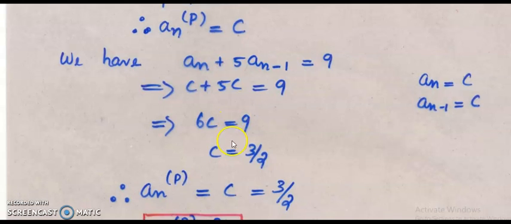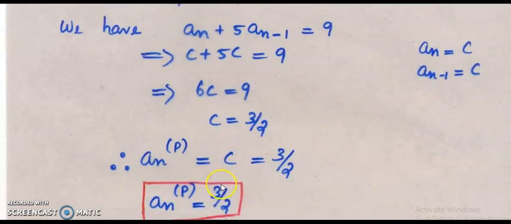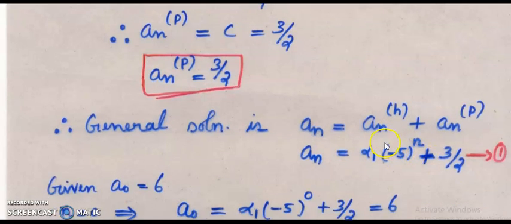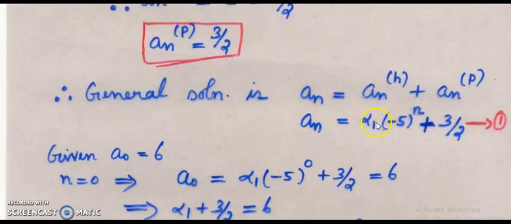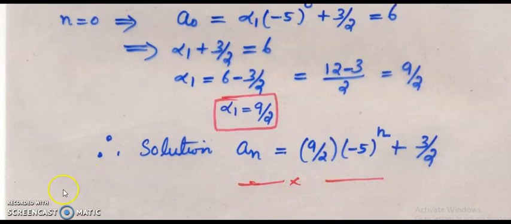Substitute it in the given equation to find c and substitute it in a_n. After finding it, you add. Usually, general solution means you add both solutions, the homogeneous solution and the particular solution. Then using the initial condition, find alpha 1 and substitute it in this equation. That gives the solution of the given non-homogeneous recurrence relation.